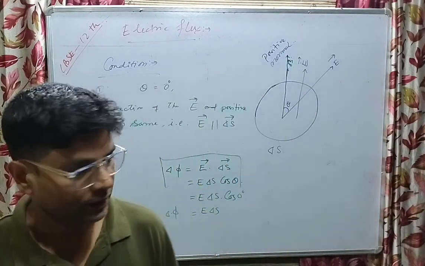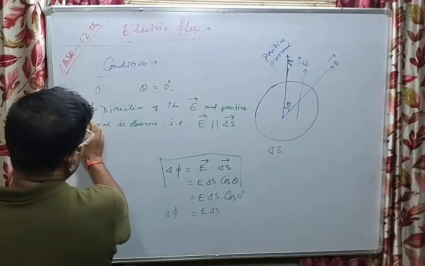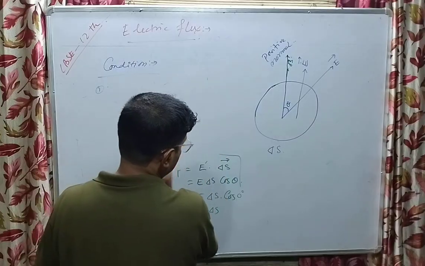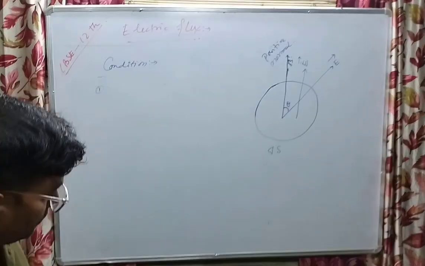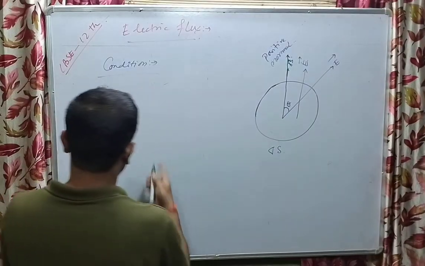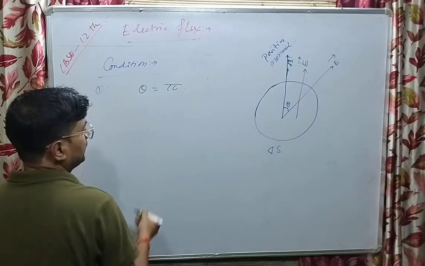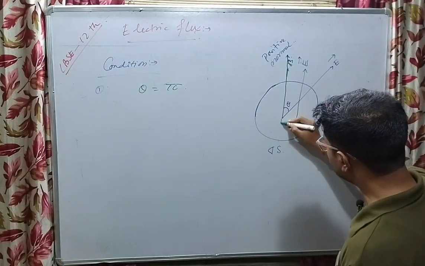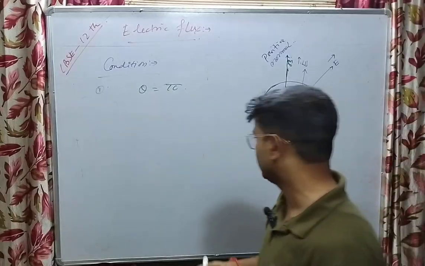Okay. Now going into the next condition, if theta is equal to pi, that is, the direction of the electric field is opposite to the direction of the area vector.